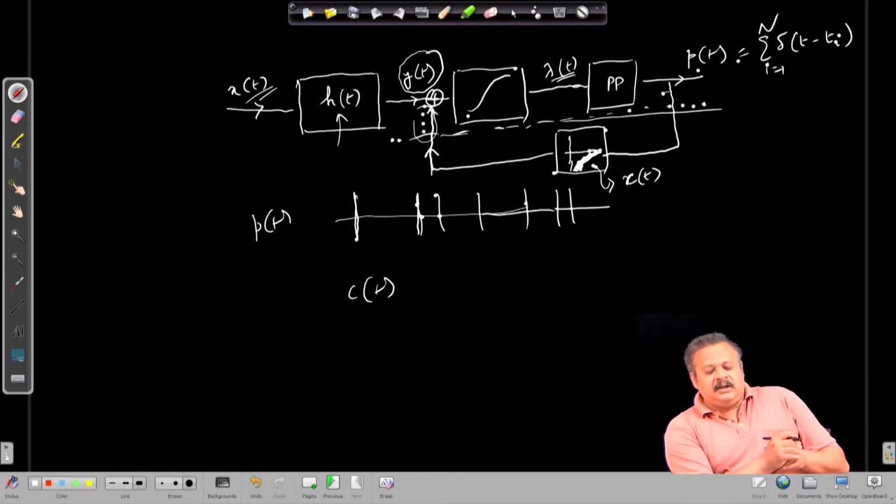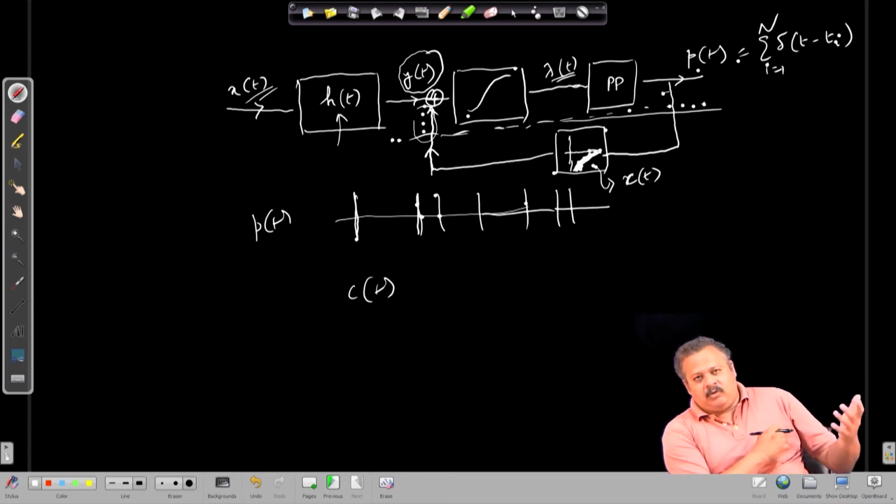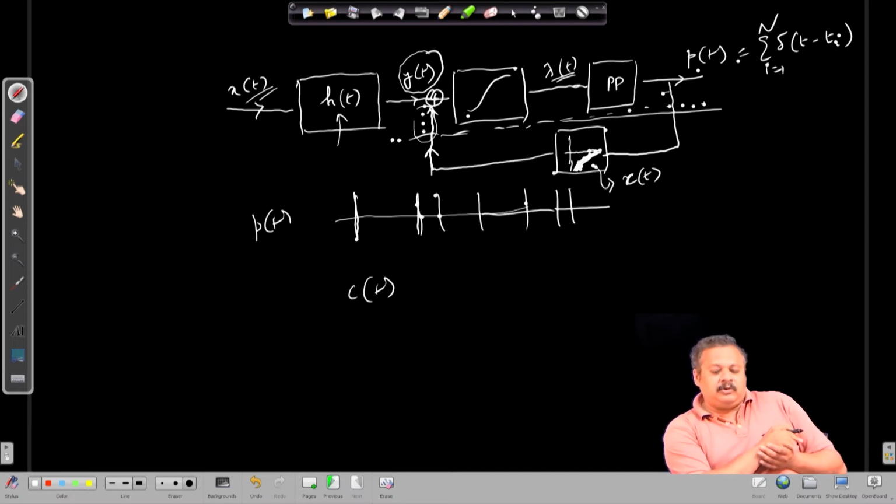And then, starting from this point, we do a gradient descent on the error between the data and the model: the spike train rate of spikes, or probability of spikes over time, and the observed probability of spikes over time.